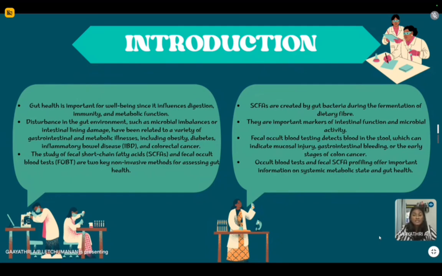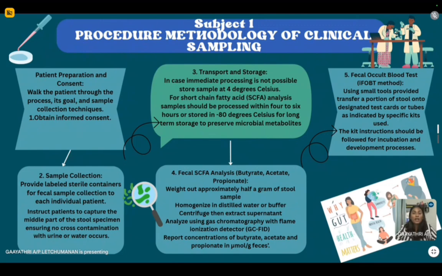Fecal occult blood testing detects blood in the stool, which can indicate mucosal injury, gastrointestinal bleeding, or the early stage of colon cancer. Occult blood and fecal short-chain fatty acid profiling offer important information on systemic metabolic state and gut health. Next, I will pass my presentation to Devyani.